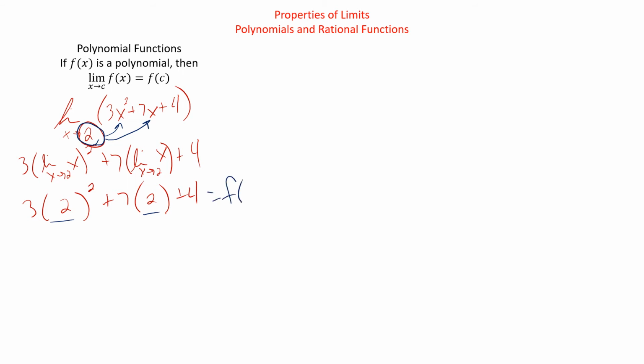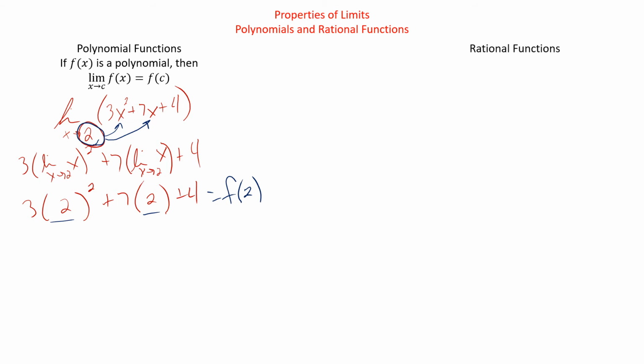That's just f of 2. So that's what this is saying. If you have a polynomial function where there's nothing funny going on, everywhere you look on it, it's going to be exactly what you'd expect it to be based on what's around it. So you can just plug in the values. All the things we did on the last page were polynomials.